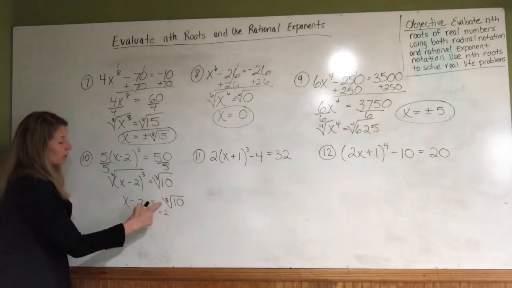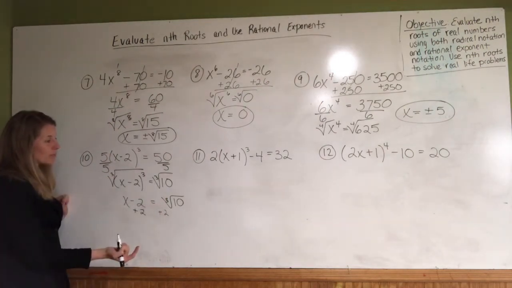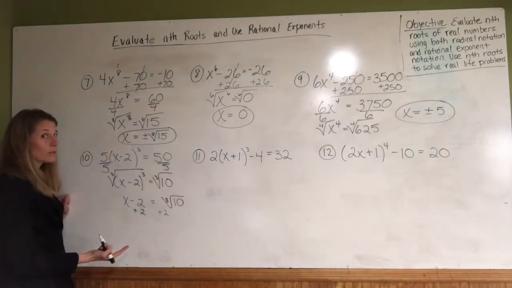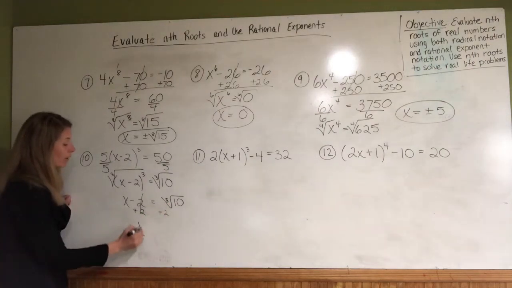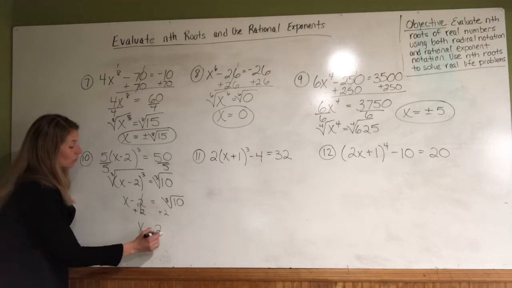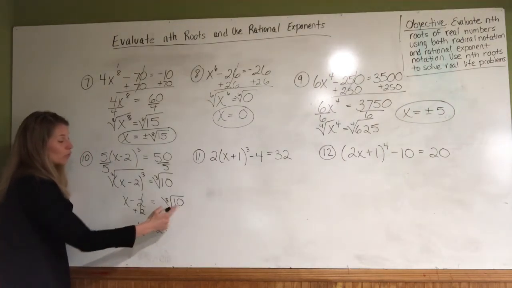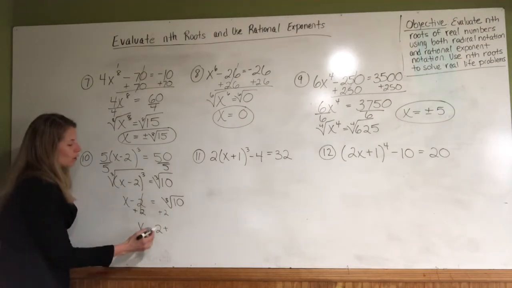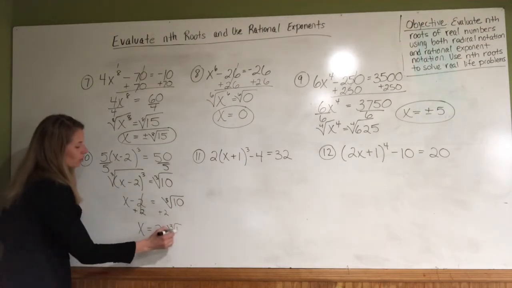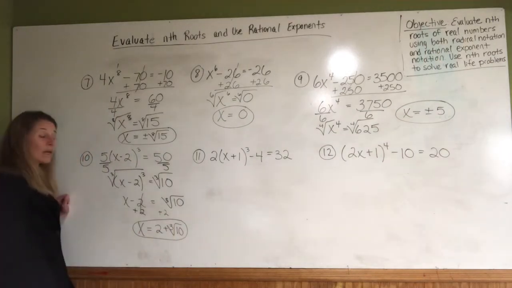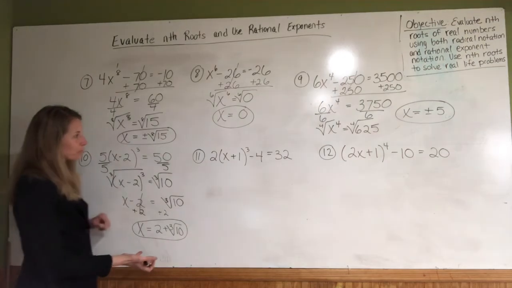Now notice I did not put a plus minus in front of that, and that's because it's an odd root, so there's only going to be one solution for that, so I don't have to worry about putting a plus minus. So it's just going to be a plus because 10 is a positive number, so the cubic root would have to be positive. So 2 plus the cubic root of 10, this would be the answer as a radical, but if you put that in your calculator, you could get a decimal answer for that as well.